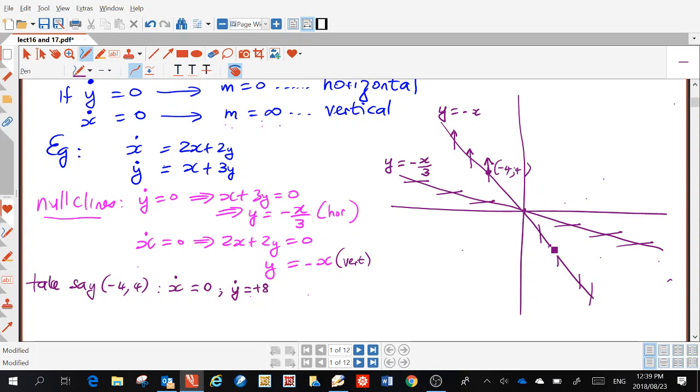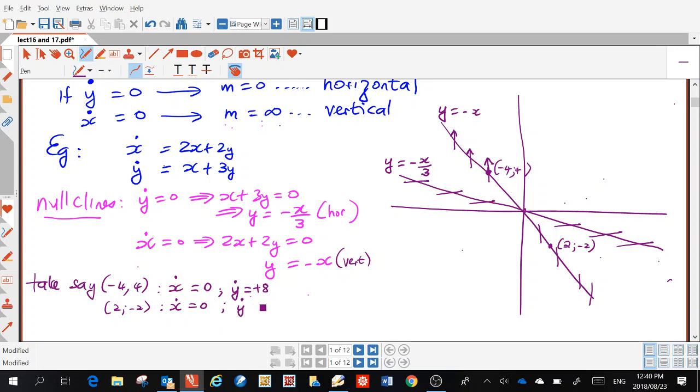Let's take a point here. Let's take 2, minus 2. Is that a typical point there? So x dot will be 0, of course.